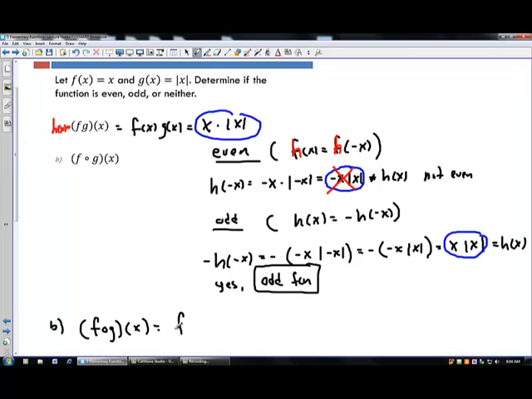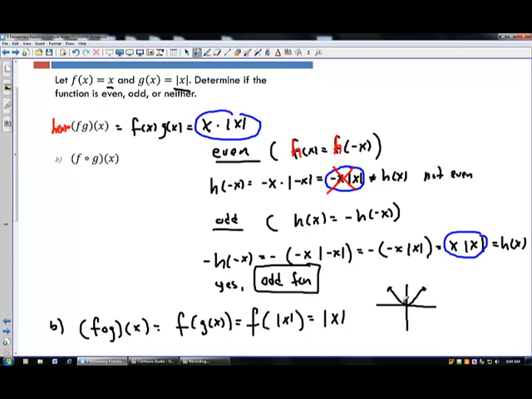This says take f of g of x, which is equal to f of, and I go up and I find g of x, which is just the absolute value of x, so that's f of absolute value of x, which equals, well, f of x is just x, so this is just equal to absolute value of x. Oh, great. And I know the graph of absolute value of x, so I don't really have to use a definition. I can actually use a picture on this one if I want to.